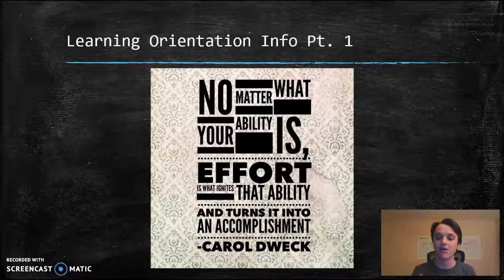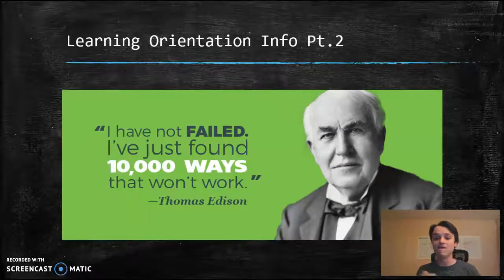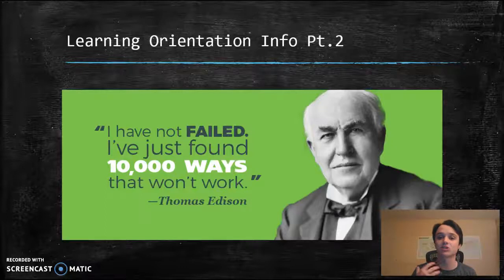They are going to believe that effort leads to their success. And when they fail, they're not going to be despondent or upset.